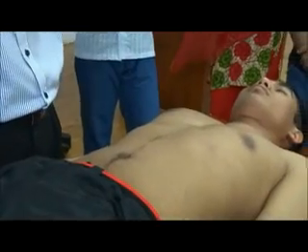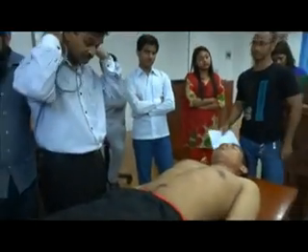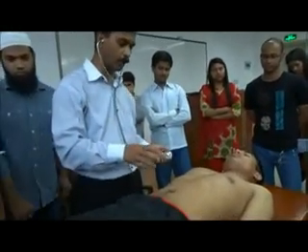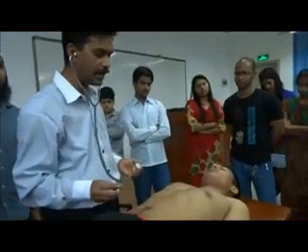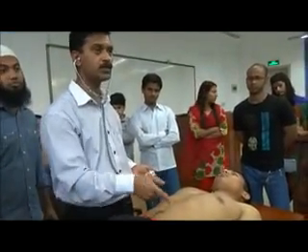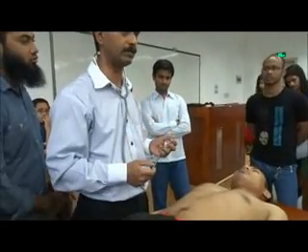So you need to auscultate for the bruit, and then we need to auscultate for venous hum. Venous hum is produced due to increased blood flow. Actually, the bruit is also caused by increased blood flow inside the artery.